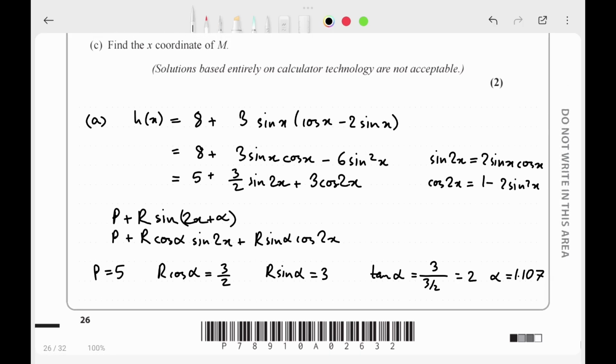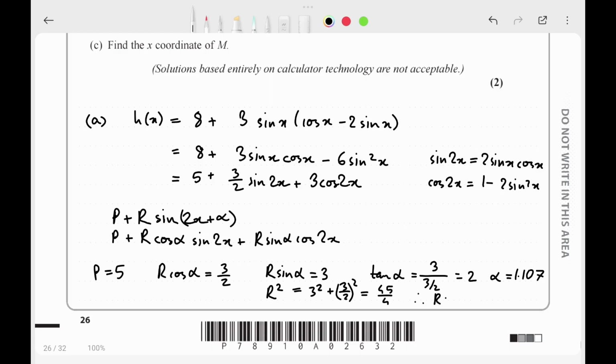And accordingly, r squared is equal to 3 squared plus 3 by 2 whole squared, which gives us 45 by 4.